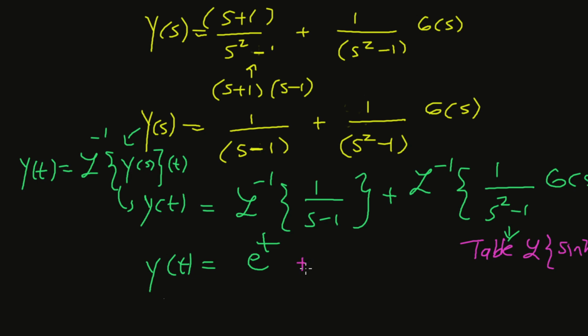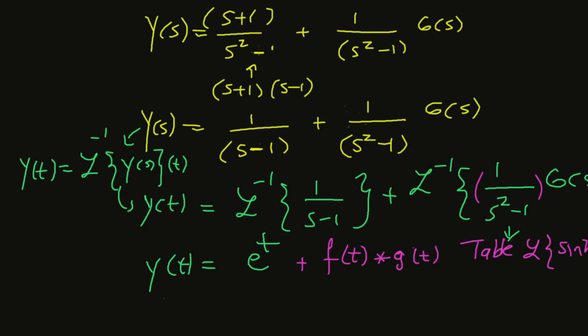We have exponential of t, and we have two functions, f of t, using the theorem we have, and I'll show it to you. The answer is going to be g of t convolution with f of t, convolution of f of t with g of t.